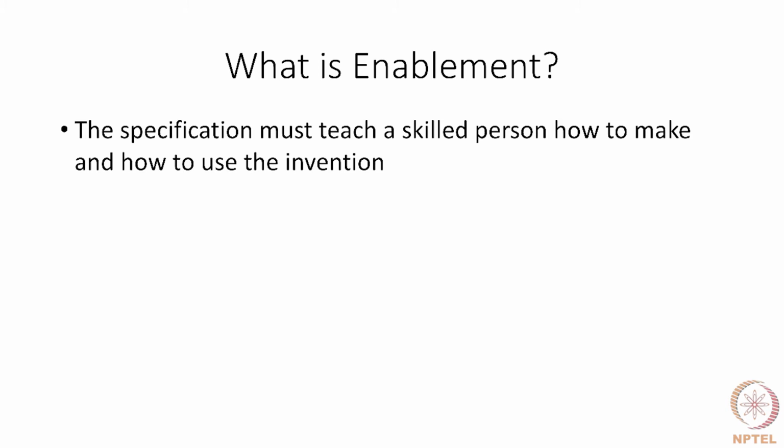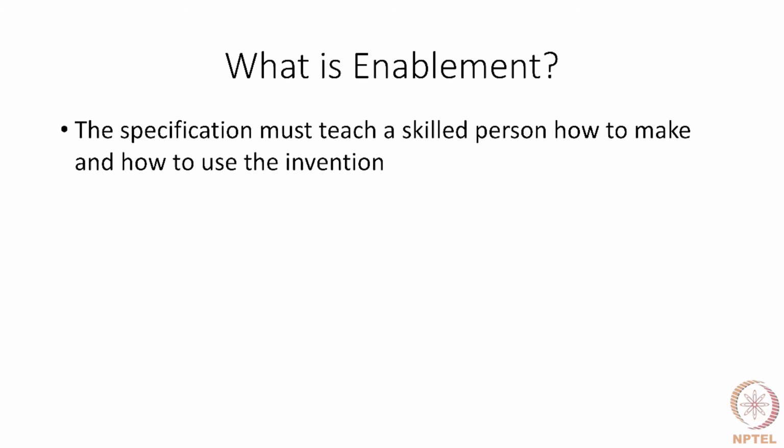So whenever you see a comparison with the prior art, you may find a statement that such and such prior art teaches the invention, or such and such prior art has already anticipated the invention. So teaching the invention is something which every specification is expected to do.